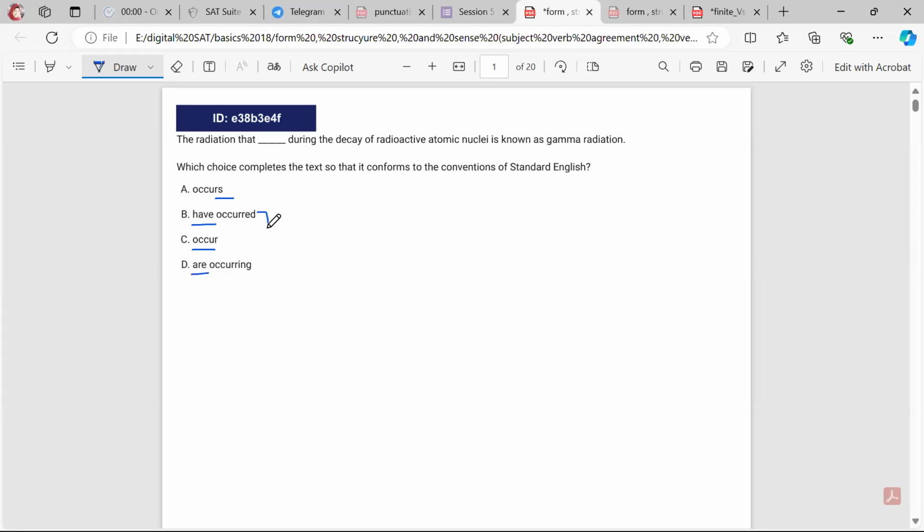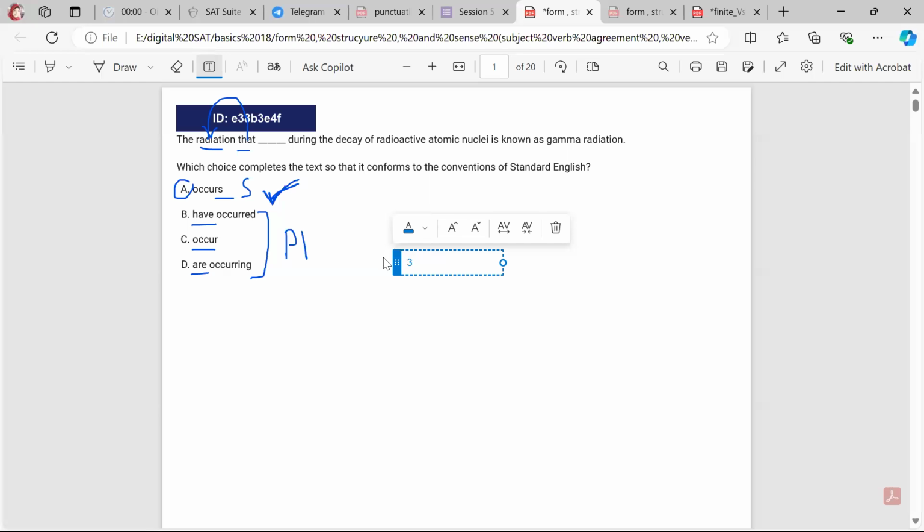So all these 3 options are plural, and the only one here is singular. So let's try. Is it singular? The radiation that occurs, right? Because that refers to the word before it, and radiation is singular. So the verb should be singular. So 3 to 1 works. Is it clear? 3 to 1.